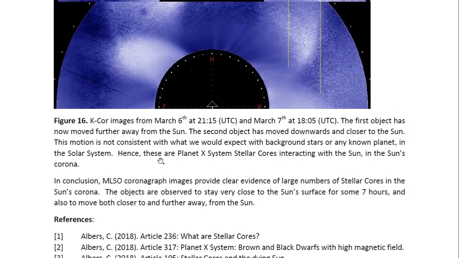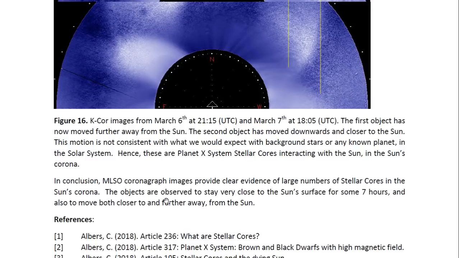So these objects seem to be moving around. This motion is not consistent with what we would expect with background stars or any known planet in the solar system.